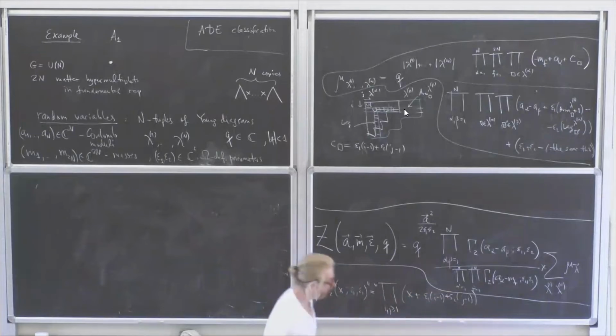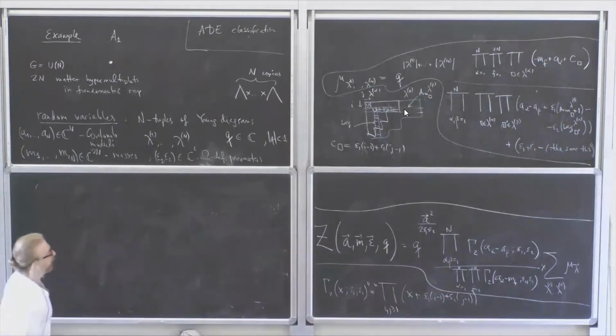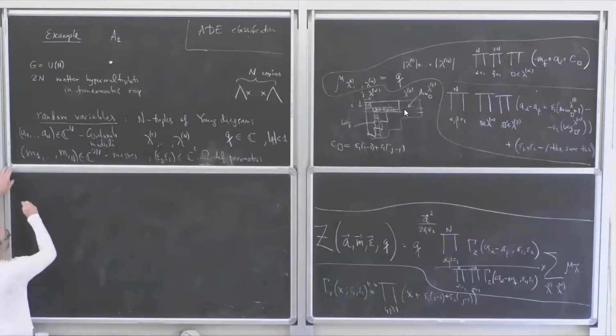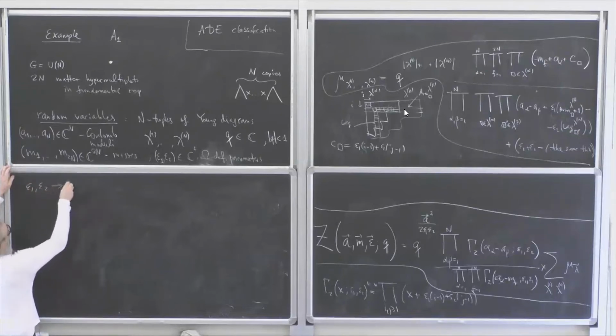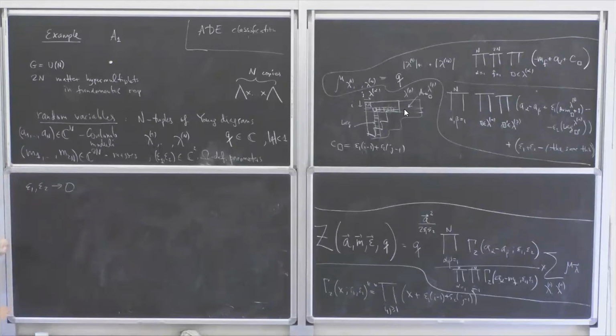Okay, so let me say two facts about it. There is an asymptotics when epsilon 1 and epsilon 2 go to 0 simultaneously.